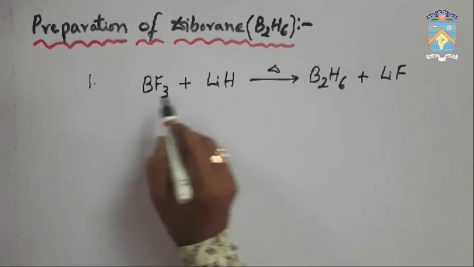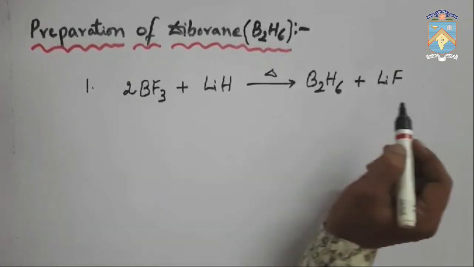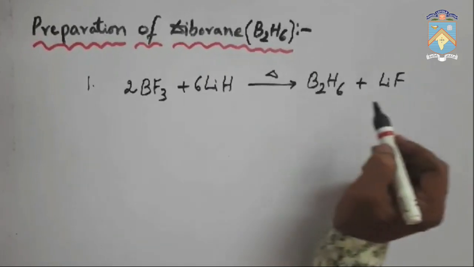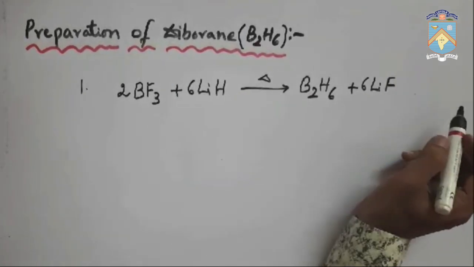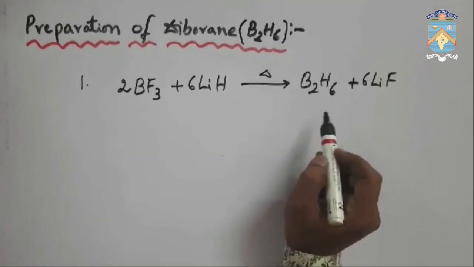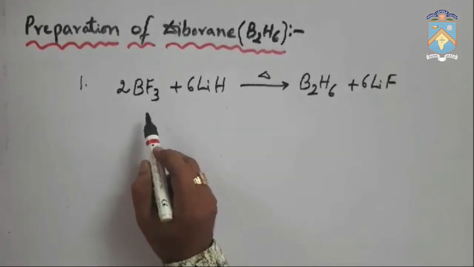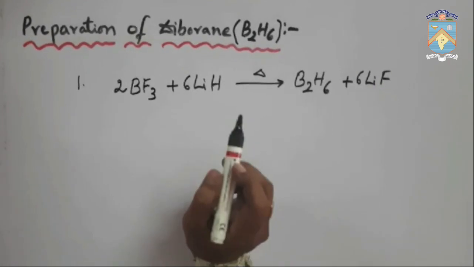Now try to balance this reaction. You need to take 2 moles of BF3 and 6 moles of lithium hydride such that we get 6 moles of lithium fluoride as a byproduct. So this is the first method of preparation of diborane, where diborane is obtained by the reaction of boron trifluoride with lithium hydride.